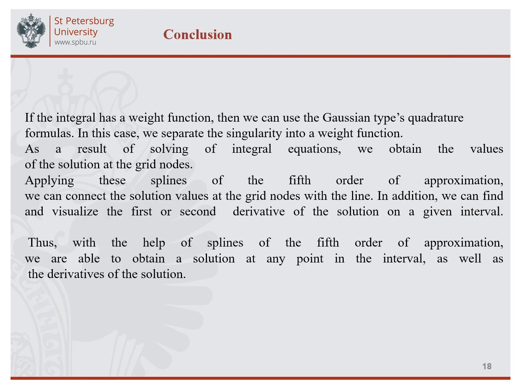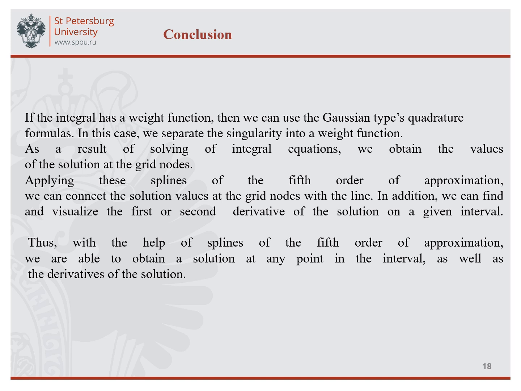If the integral has a weight function, then we can use the Gaussian type quadrature formulas. In this case, we separate the singularity into a weight function. As a result of solving the integral equations, we obtain the values for the solution at the grid nodes. Applying the same splines, the splines of the fifth order approximation, we can connect the solution values at the grid nodes with a line.